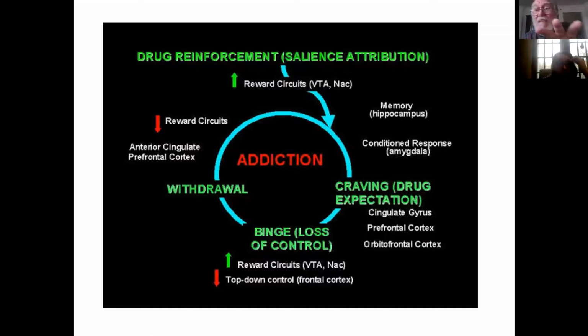And then where the animal got the drug goes into the memory in the hippocampus, and the animal will do what is called a conditioned place preference and stay there. Okay, so you're engaging the hippocampus, you're also engaging the conditioned responses under which the animal got the thing.